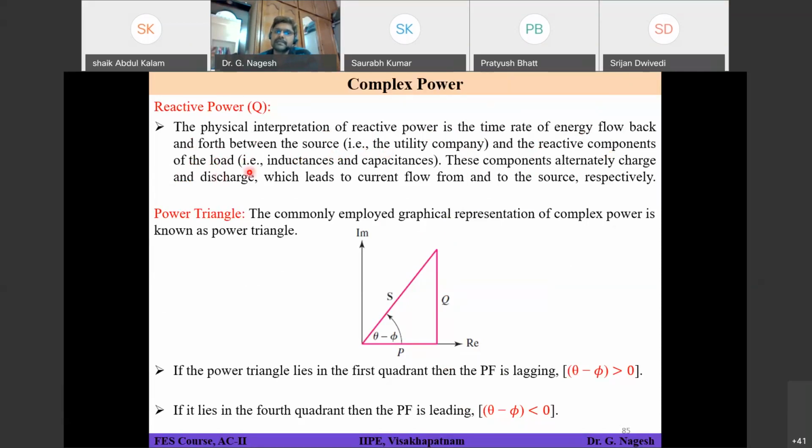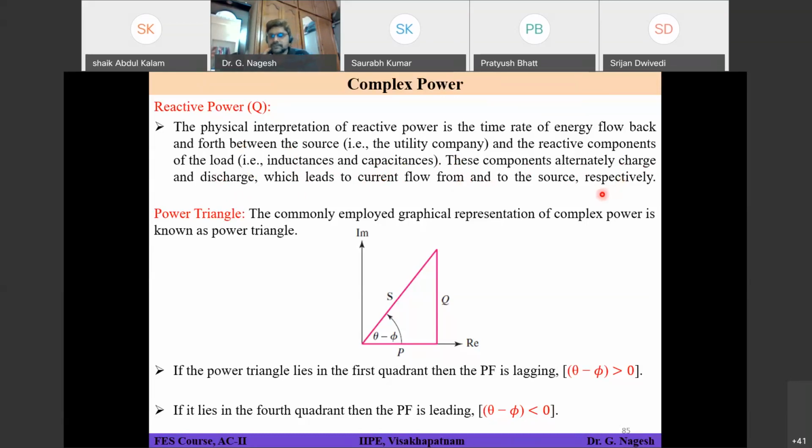The reactive component is nothing but inductance or capacitance in the load, and the source is there. It is the energy which is transferred from source to load and back from load to source, that means from inductance to source and source to inductance. These components alternately charge and discharge, which leads to the current flow from and to the source respectively.